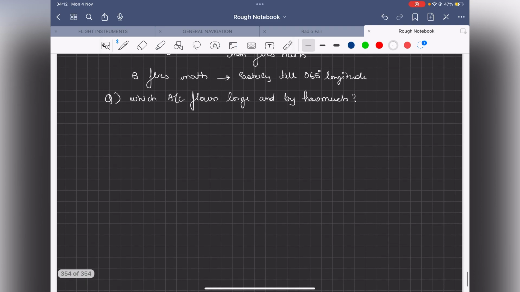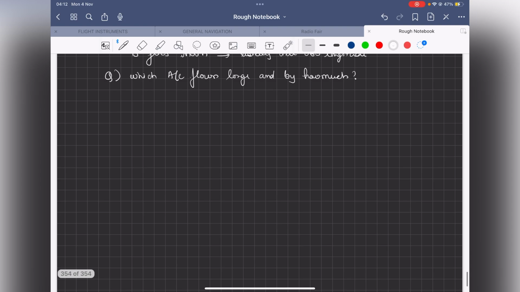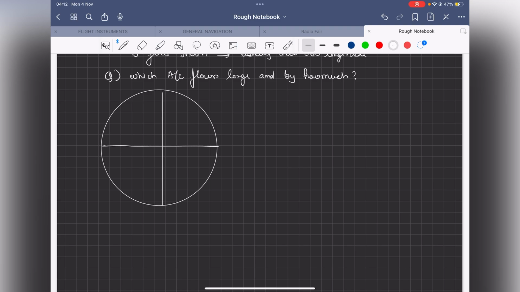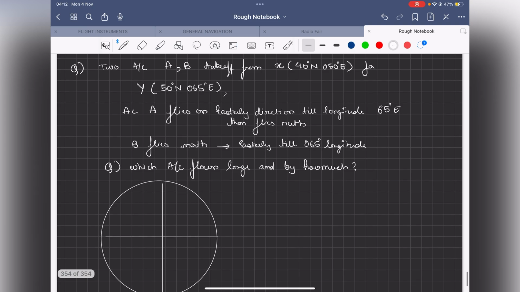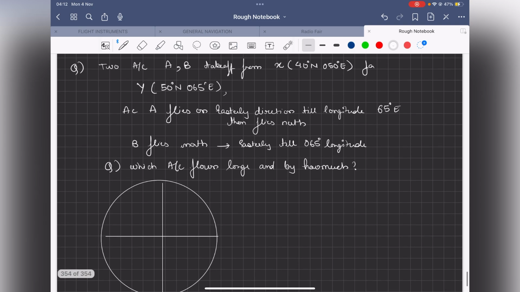So let's try drawing a diagram, and that will literally explain you 90% of the question. So we have an Earth, we have a prime meridian, we have an equator. Now they tell me that my point X coordinate is 40 degrees north, 50 degrees east.